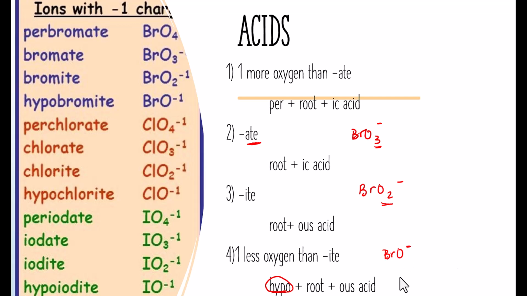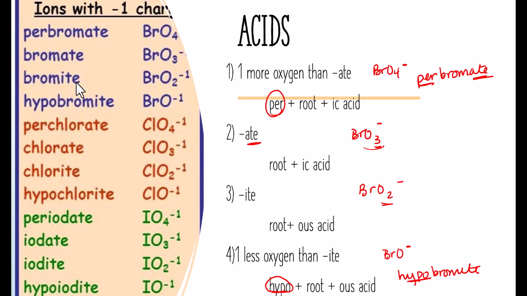It is called hypobromite. If it has 1 more oxygen than the -ate, this is BrO4 minus, and this is per. This is called perbromate. So what they do is they add a prefix for 1 more and 1 less.